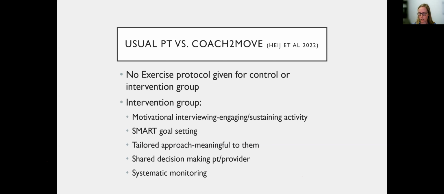I think sometimes, we know that that's beneficial, but just being very mindful of that is important. And then having shared decision making, having the patient or the person you're working with, having it very person-centered. And then systematic monitoring.